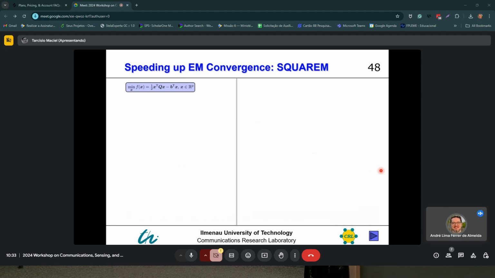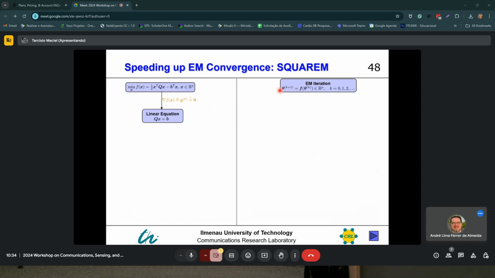So this is just a summary of the algorithm. I'm sure you're all familiar with this quadratic minimization problem. Usually what you do is take the gradient with respect to x, and you have a linear equation, Qx equals b. On the EM side, you can represent one iteration of the EM algorithm in the following manner.